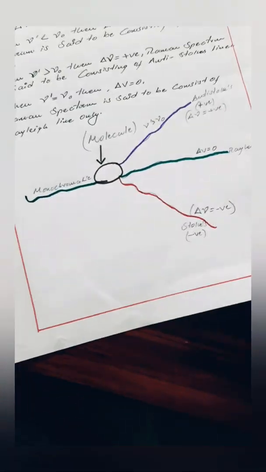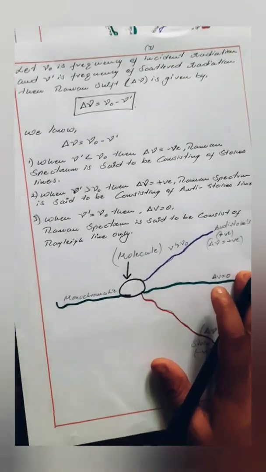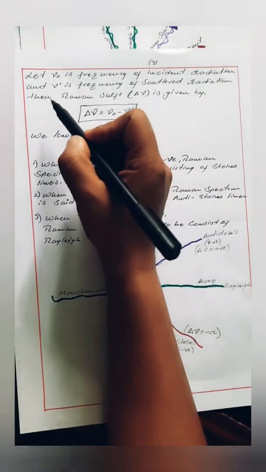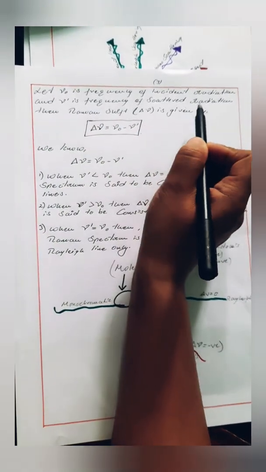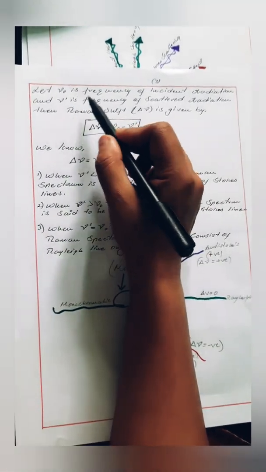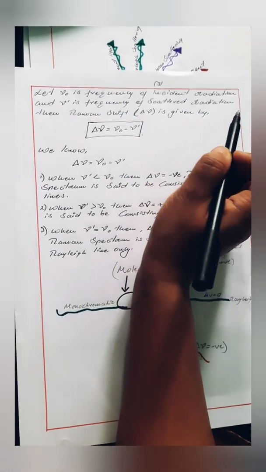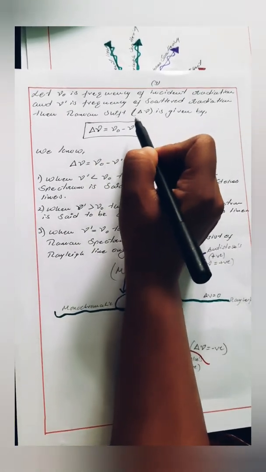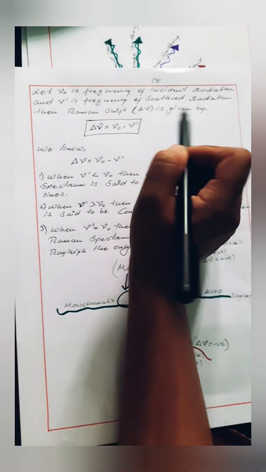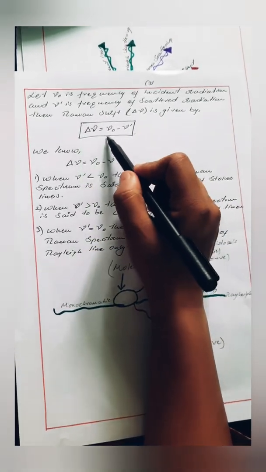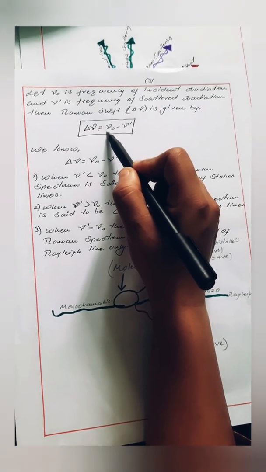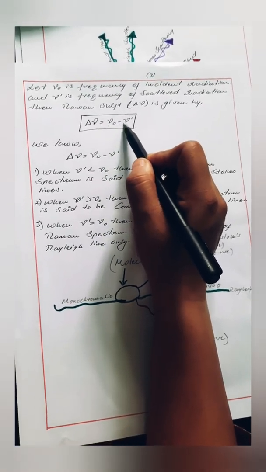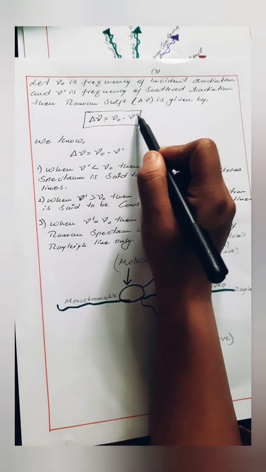Now let's move to another part. Continuing with Raman shift, let nu naught be the frequency of incident radiation and nu dash be the frequency of scattered radiation, then Raman shift, that is delta nu, is given by delta nu equals frequency of incident light minus frequency of scattered light or ray.